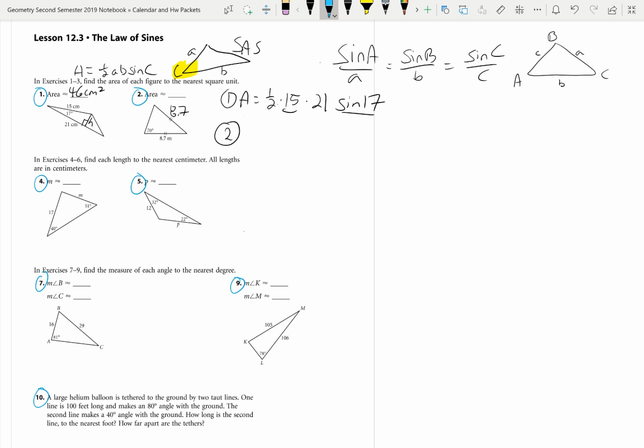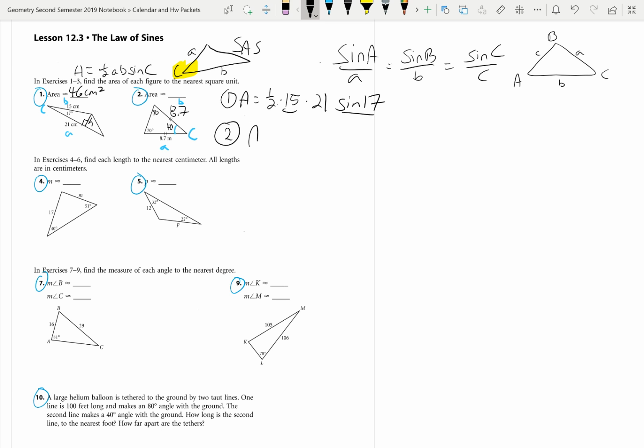So we need to figure out this angle. How are we going to do that? Because it's isosceles, this angle here is also 70, which makes this 40.